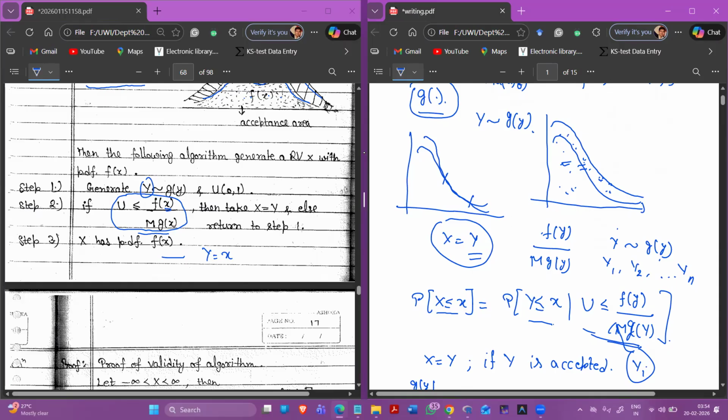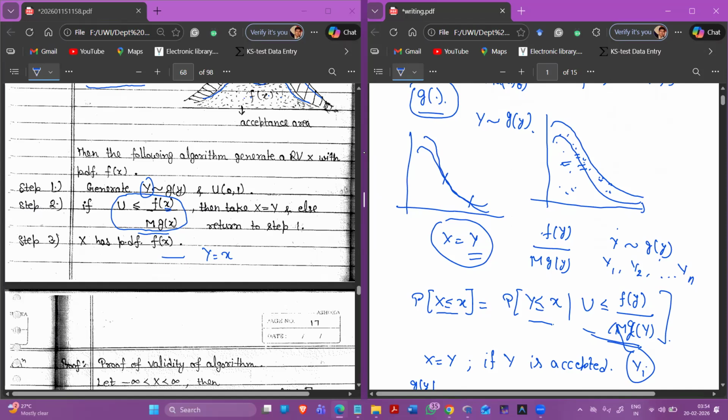Now I need values of x that will also follow the same type of plot. So how will I get these values? At that time, I will find one another distribution. The shape of that distribution should look like my fx. I need to find that distribution.